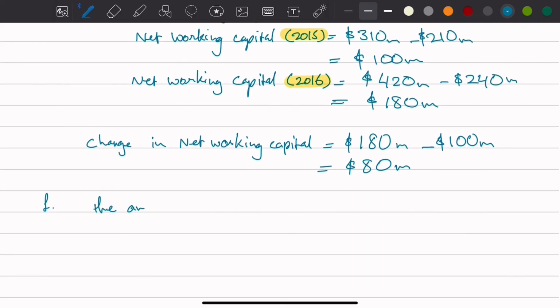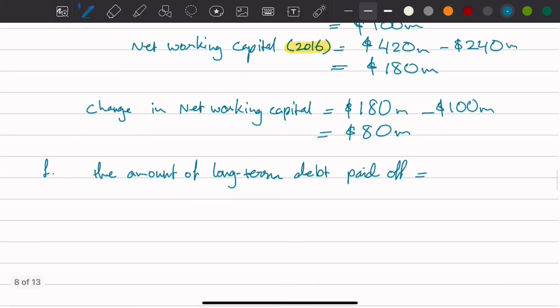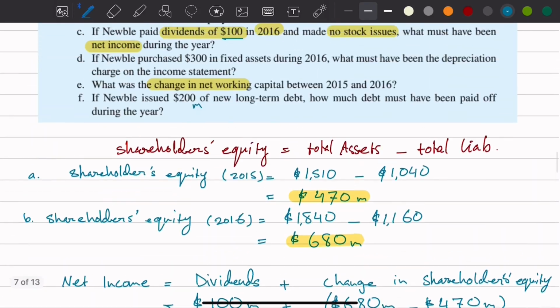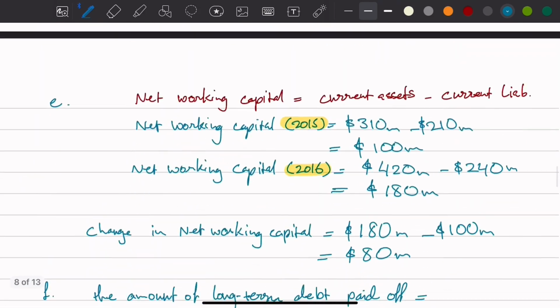Let's say the amount of long-term debt paid off would equal 830 million plus 200 million minus 920 million.